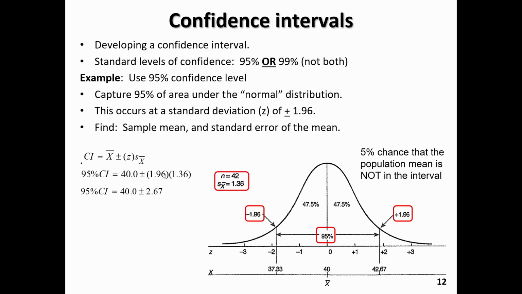So we first carry out the multiplication on the right-hand side, which leaves us with 40 plus minus 2.76. Then we add and subtract 2.76 to 40. That leaves us a range of 37.33 and 42.67. What we can state with 95% confidence is that the population average for these data will reside somewhere in this range, remembering that our sample average, which we directly observed, is 40 in this particular example.